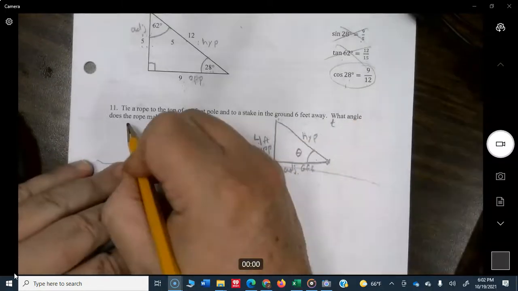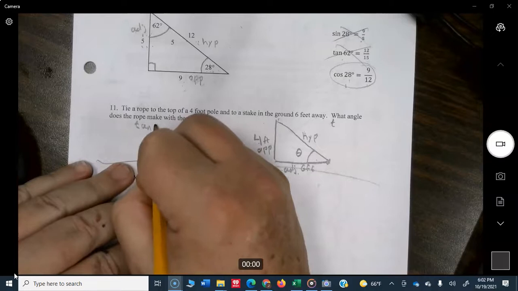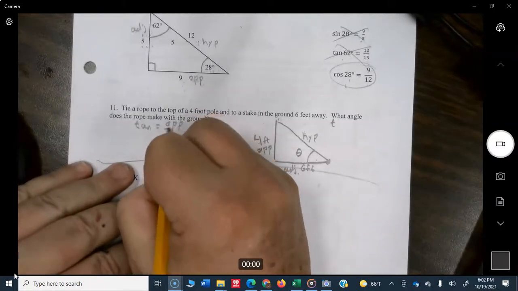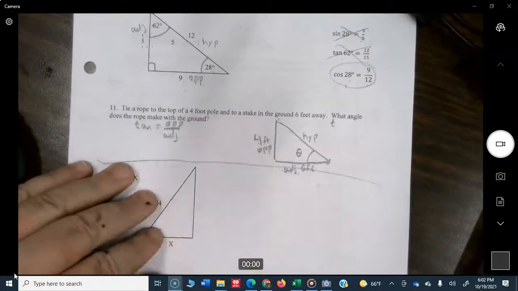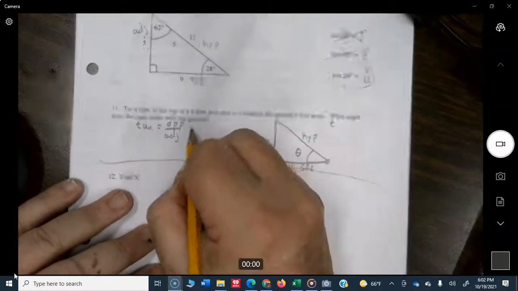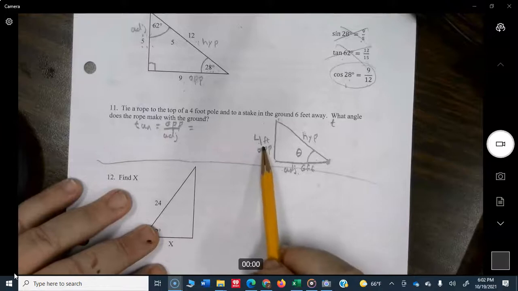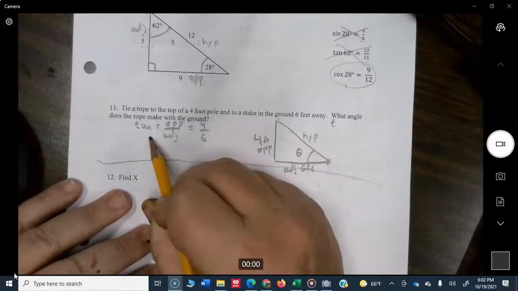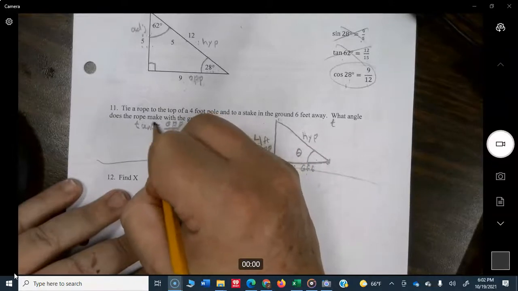Tangent, let's write it over here where we have more space. Tangent equals opposite over adjacent. So that's going to equal 4 over 6, which equals tangent of theta.